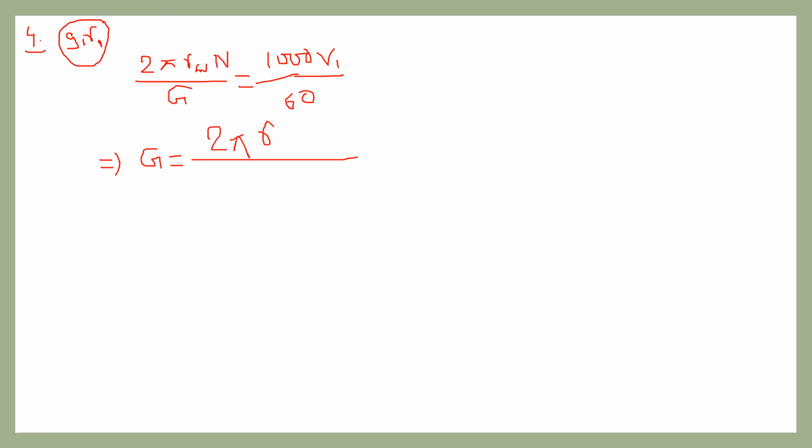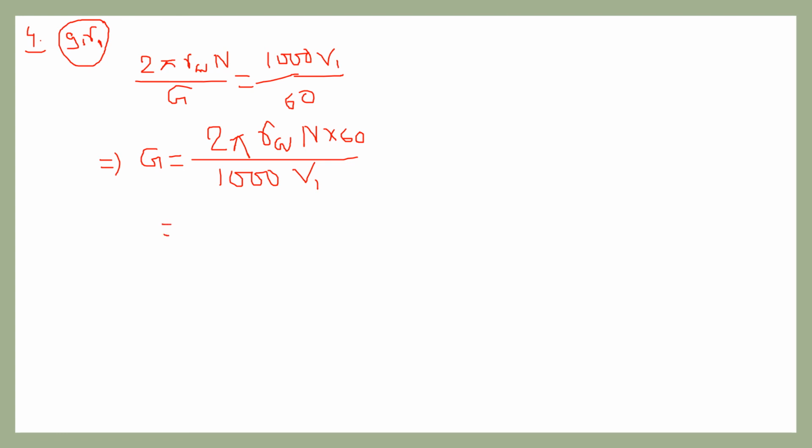2 pi r_w n divided by 60, divided by 1000 into v1.